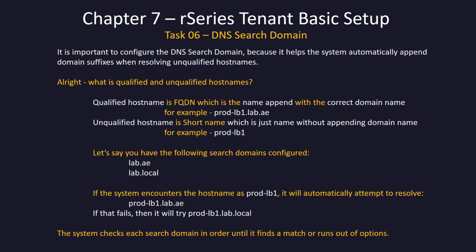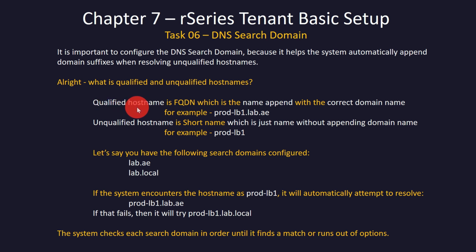Also, it is important to configure the DNS search domain because it helps the system automatically append domain suffixes when resolving unqualified host names. Alright, what are qualified and unqualified host names?